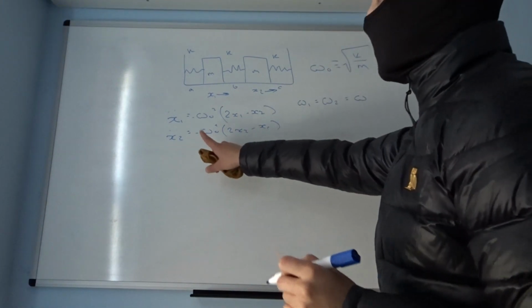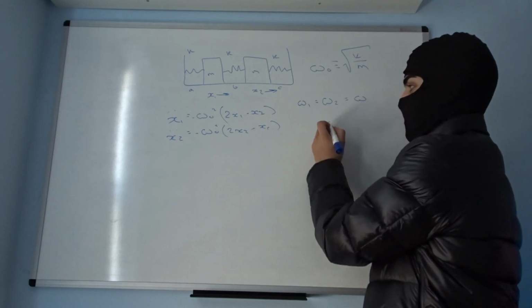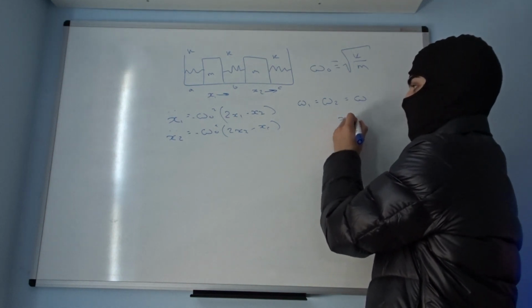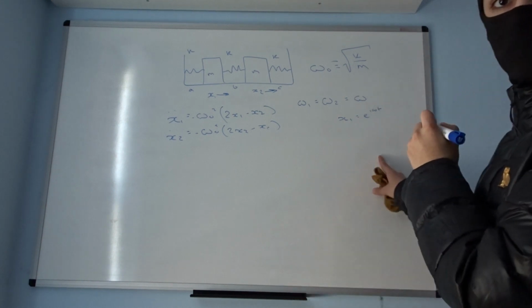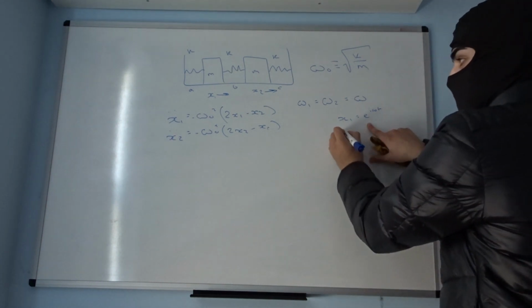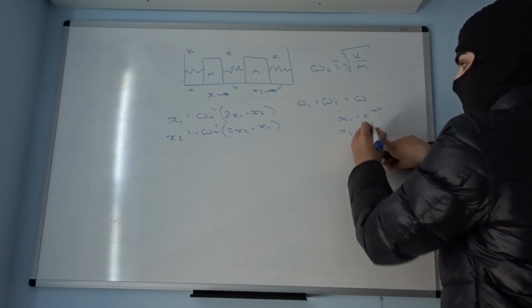Alright, so now we can solve them using an ansatz. So x1 equals C1 e^(i omega t), and x2 equals C2 e^(i omega t).